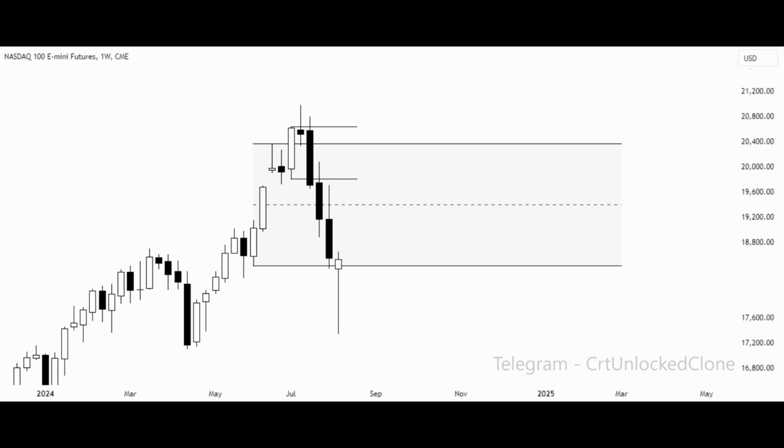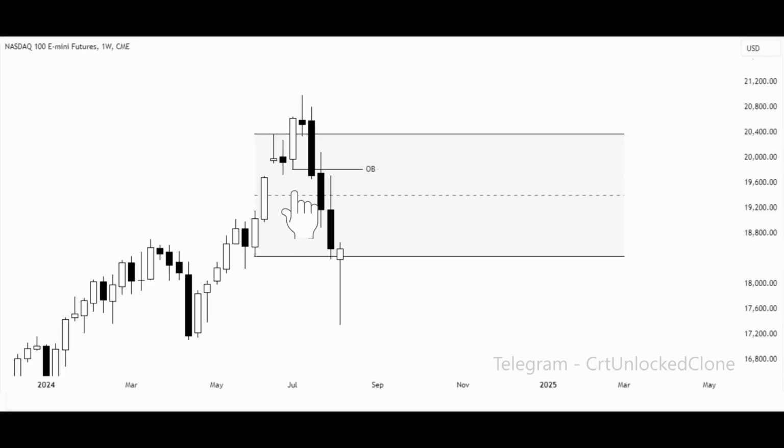Another thing right here you can see is that after we reach the drawn liquidity for this weekly CRT, we also closed below it, right? And based on key levels, you can see that this particular CRT purged liquidity in the form of purging the monthly CRT or this range high on the weekly, and now price closed below this candle. So you're gonna use this candle as a CRT.